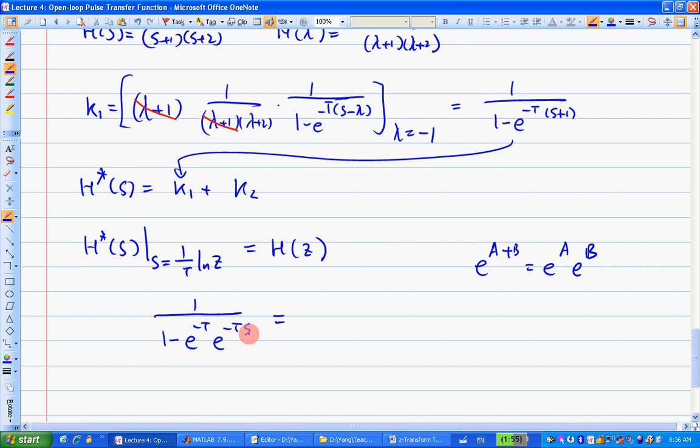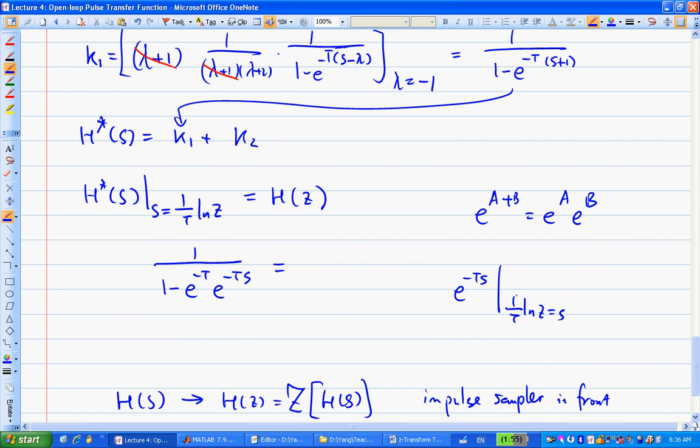But if I replace the s with this quantity into here, so e to the negative T s, with 1 over T ln z for the s, you'll cancel this T first. What does that equal to? That equals e to the negative ln z, e to the power negative ln z. And what is e to the power negative ln z?